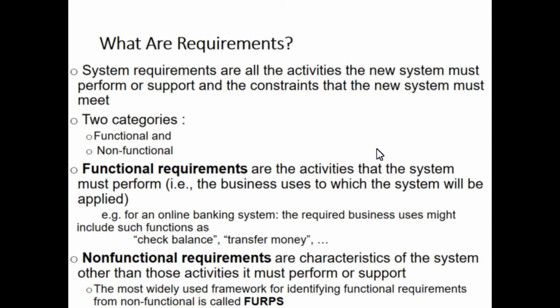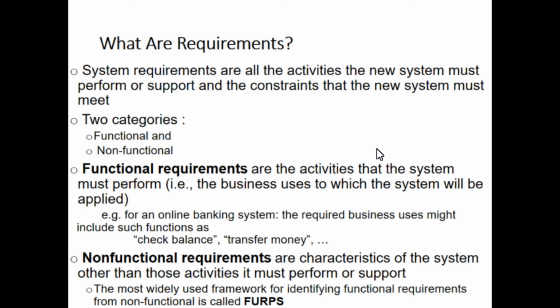For example, in a bank system, the requirements can be check balance, or transfer money, which is transferring money to other accounts. These functional requirements are unique to the business domain that we are trying to develop the system for.